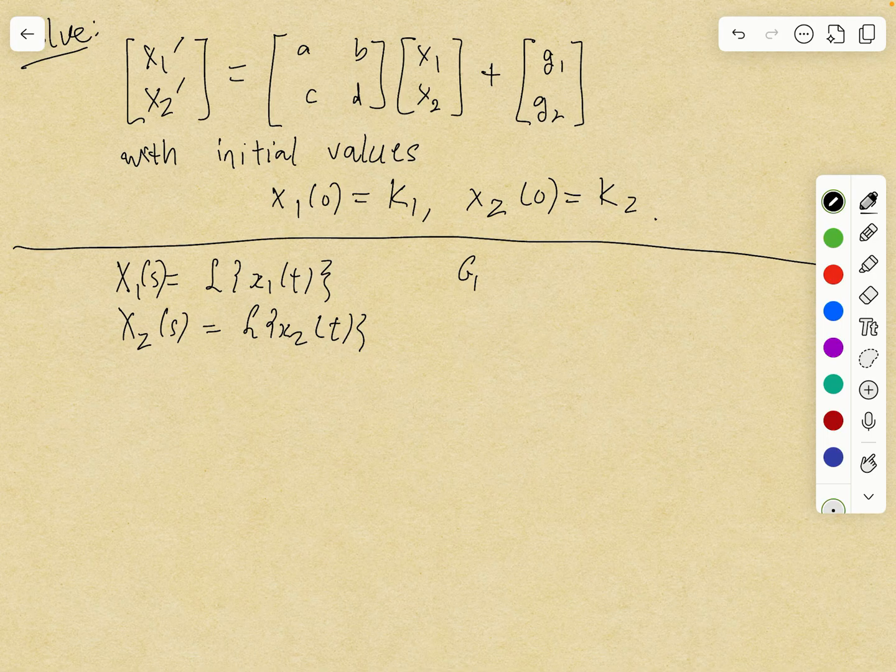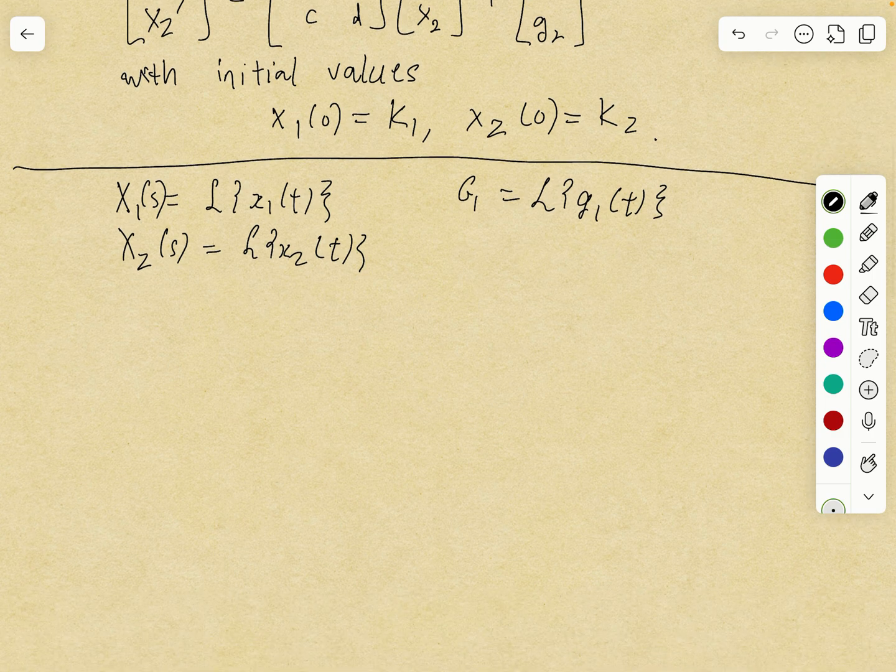So let's call them capital G1. So G1 is a function of s, and capital G2 is the Laplace transform of little g2. Usually I just neglect the parentheses s because it just clutters up the equations.